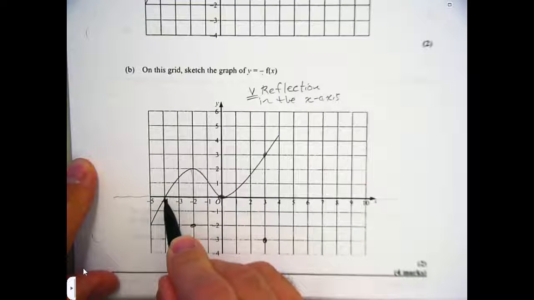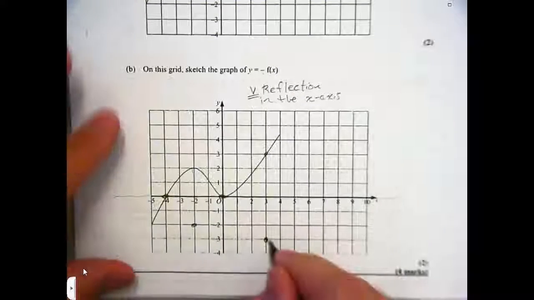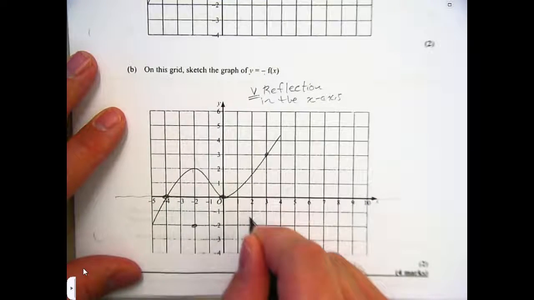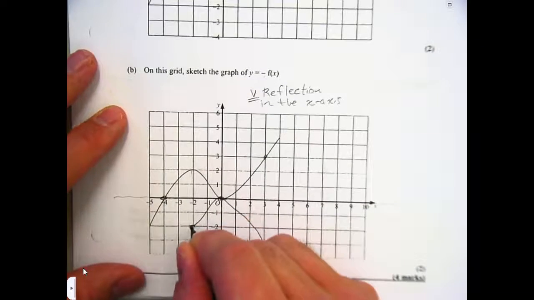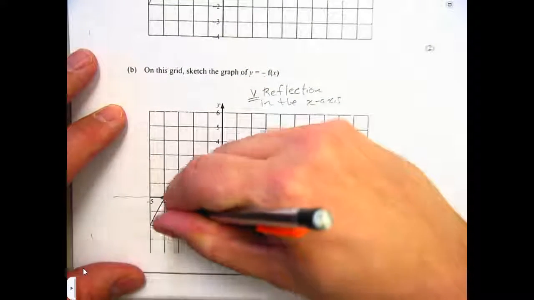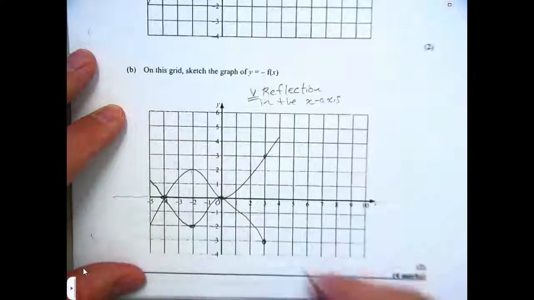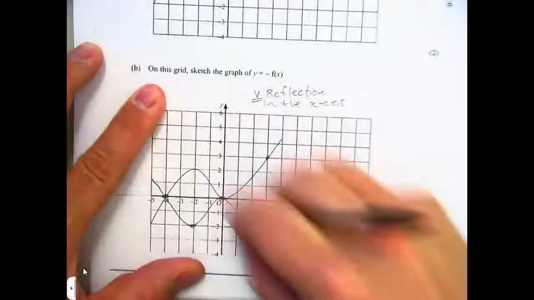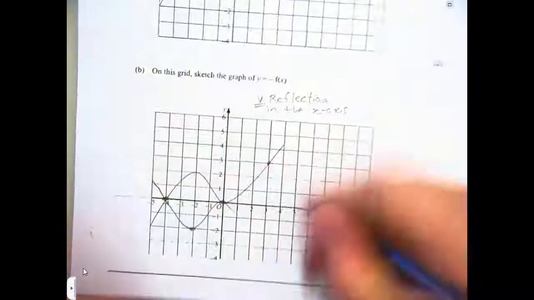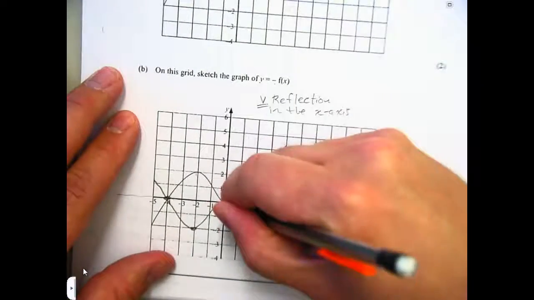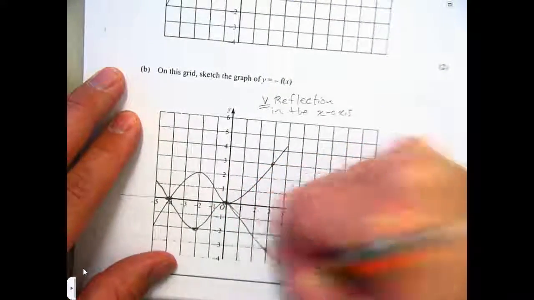Well, the 4 is on the mirror, right? So it stays there. So if I'm connecting my points, it's kind of tricky looking, but it should be a mirror image. I kind of messed up on my curve here. I don't want you to get too picky about your curve, but I mean it should be a mirror image of what you had up above.